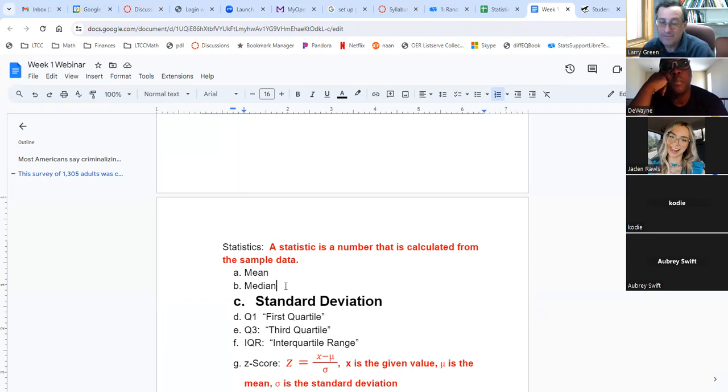On the other hand, if you were the mayor of Lake Tahoe and you cared about how much money is coming in through house taxes, the mean is much more important than the median, because that $30 million house is going to be taxed a huge amount and bring a huge amount of money towards the city in the taxes.